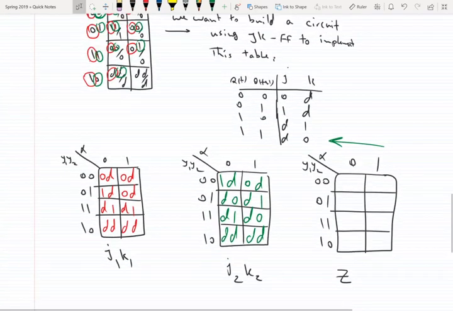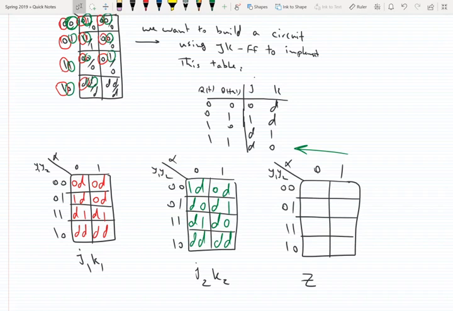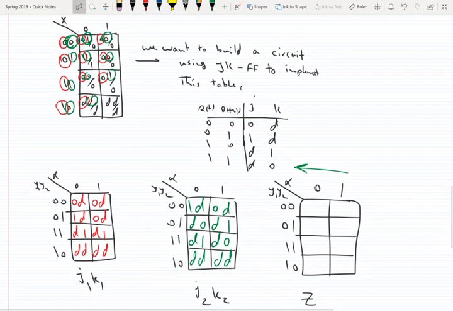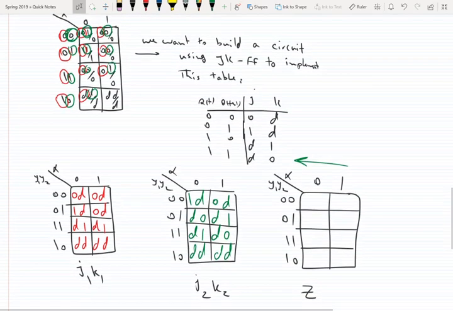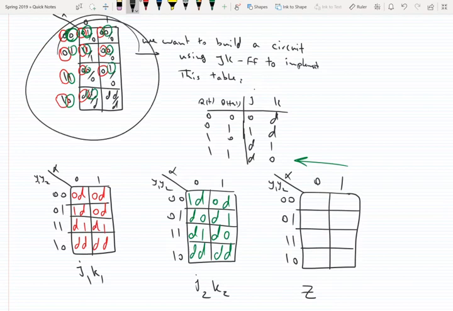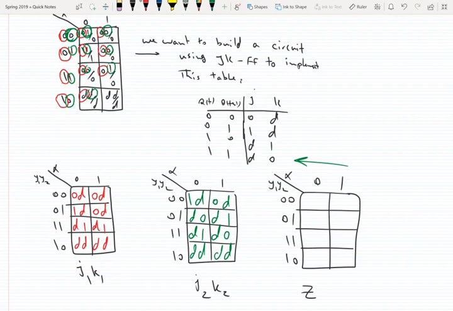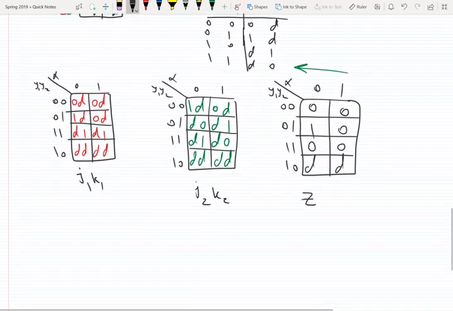We just simply copy paste. There is no excitation for the output. Output is just those values in this table. So we just copy those values. So it is 0, 0, 1, 0, 0, 0, D, D. Okay. Now we reach this point.